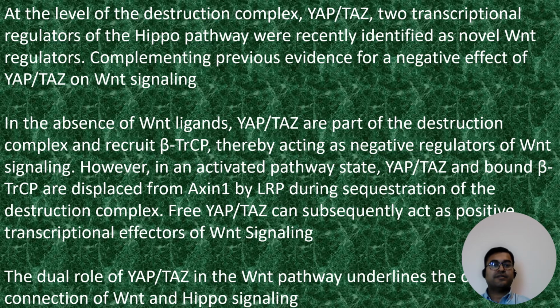However, in an activated pathway state, YAP-TAZ and bound beta-TRCP are displaced from AXIN by LRP during sequestration of the destruction complex, and free YAP-TAZ can subsequently act as positive transcriptional effectors of Wnt signaling pathway. So YAP-TAZ plays a dual role in regulation of Wnt signaling pathway.